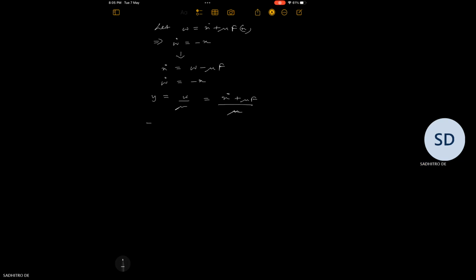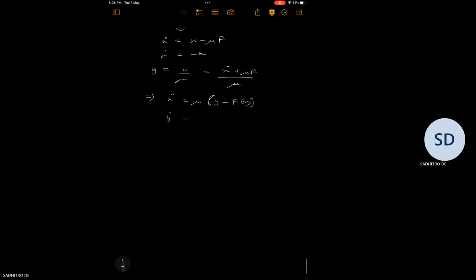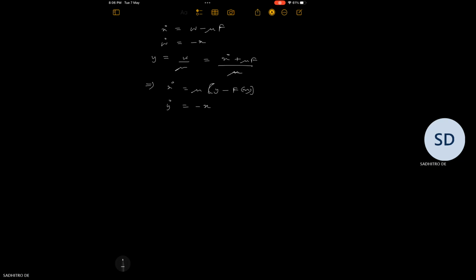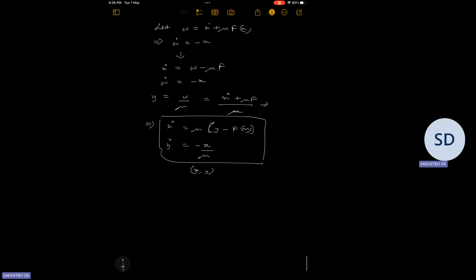In that case, the coupled equations turn out to be, and now we try to analyze this system in the phase space of x and y, where y is defined in this manner.